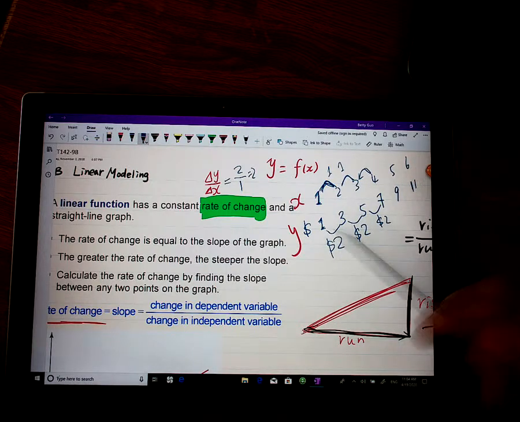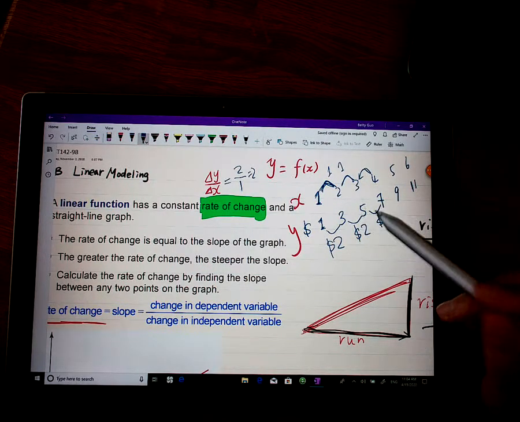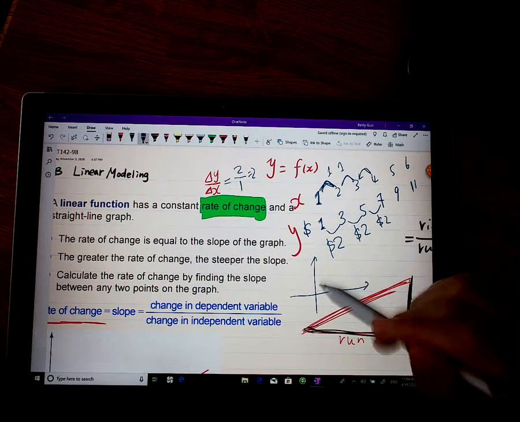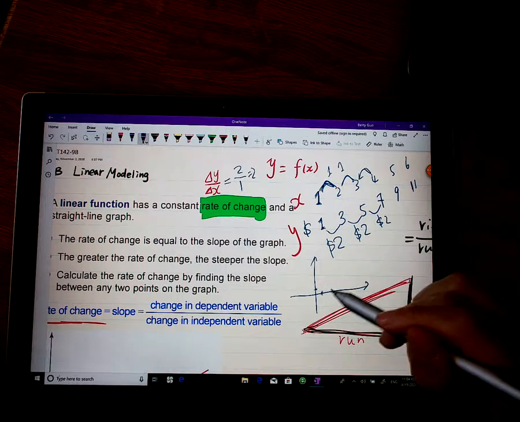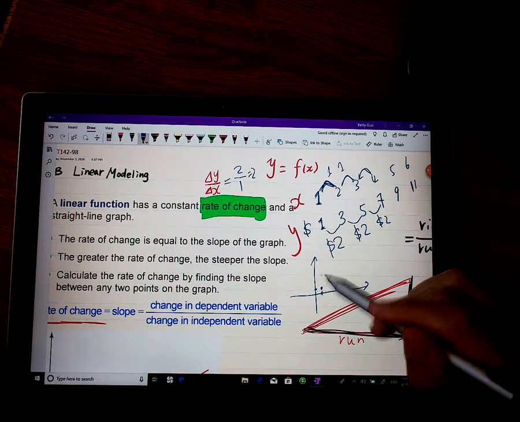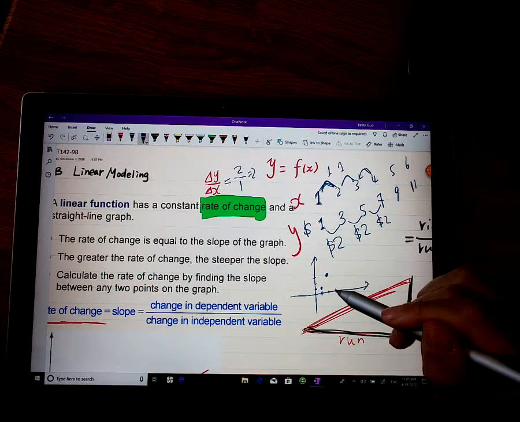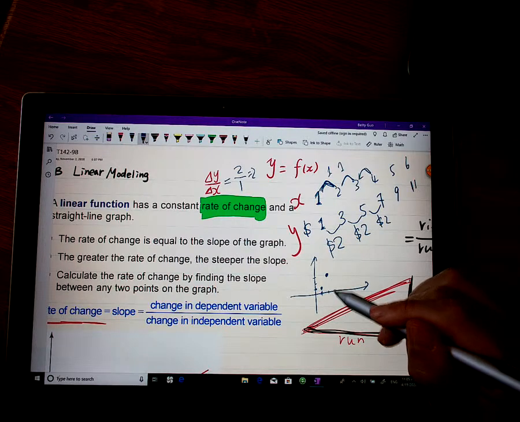So this is a linear function. If I graph the function, day 1, as x equals 1, y equals 1. As x equals 2, y equals 3. As x equals 3, y equals 5.